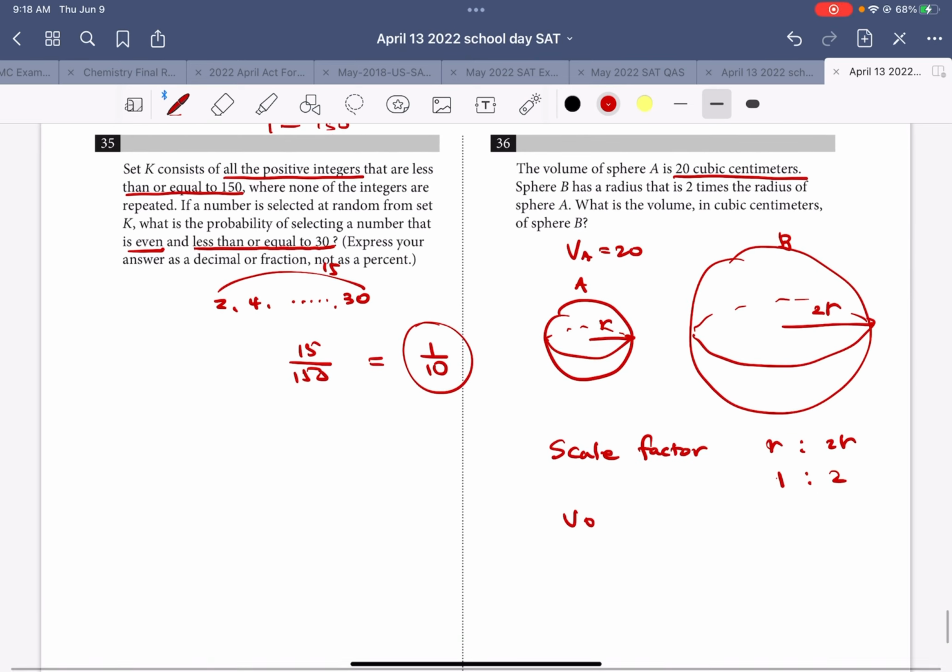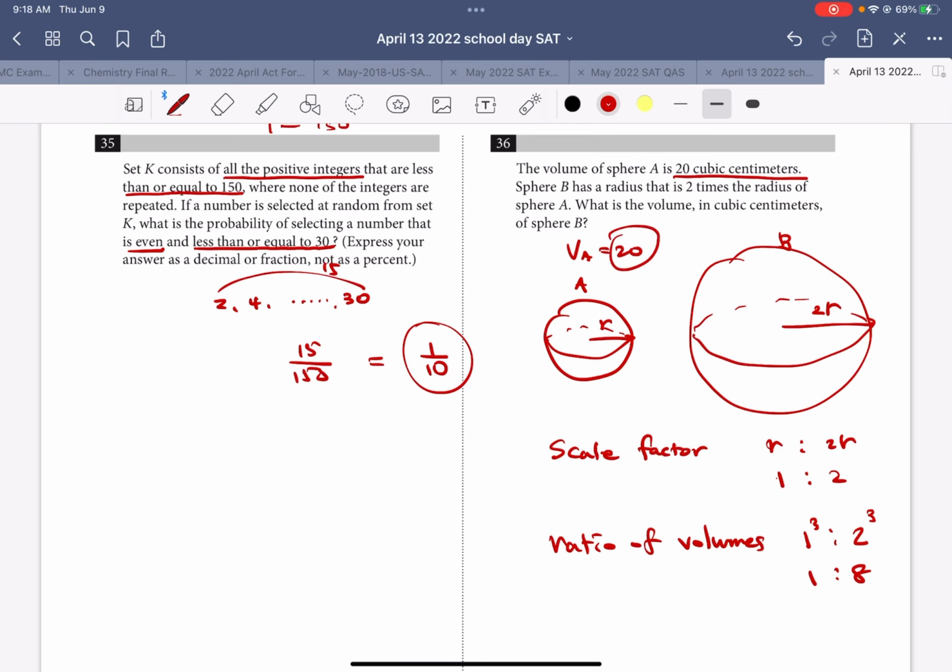Now the ratio of volumes is the cube of the scale factor, so that is 1 to 8. That means if this one volume is 20, then 8 times that: 20 times 8, 160. So 160 will be your final answer.